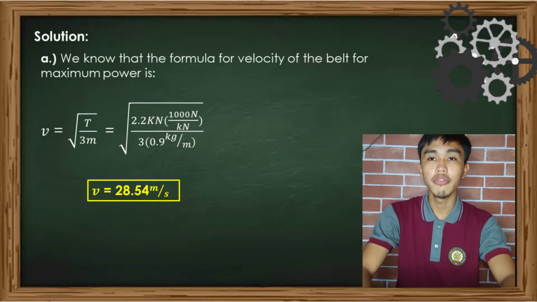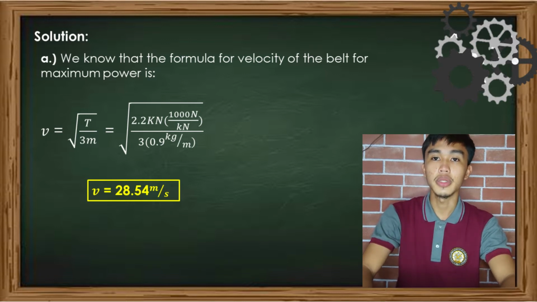Solution A. For the velocity of the belt for maximum power, we have the derived formula from T minus 3 times mass times velocity squared is equal to 0, which is the derivative of the expression with respect to V. So V is equal to the square root of T over 3m, where T is equal to 2.2 kilonewton, which needs to be converted into Newton to obtain the unit for velocity, which is meter per second.